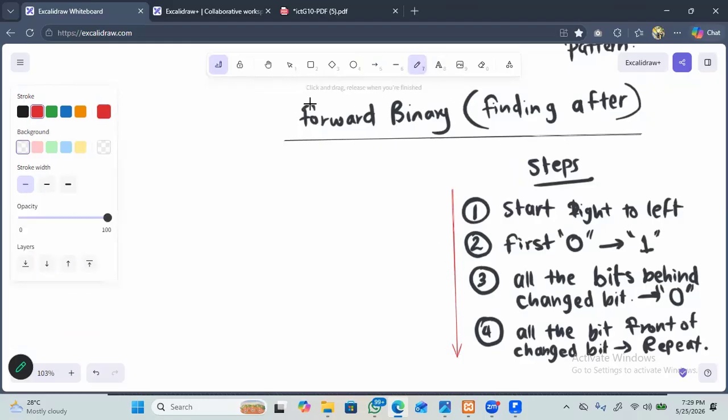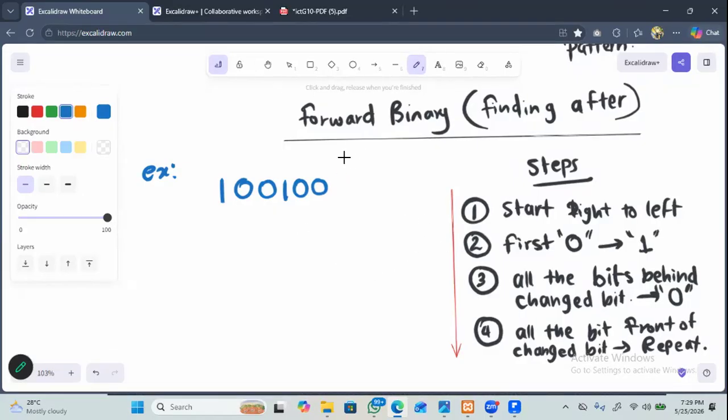For an example, I am taking a binary number. Let's take a small number, 1010. This is a small binary number.